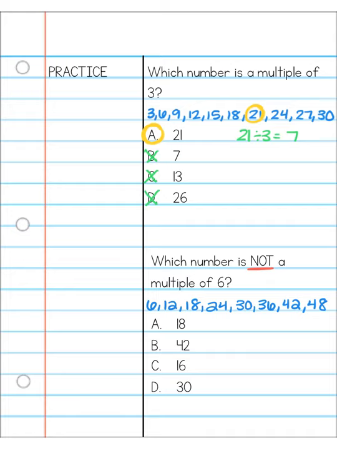And I know that 18 is on the list, so that's a multiple. 42 is on the list, so that's a multiple. And 30 is on the list, so that's a multiple. But 16 is not on the list. So 16 is not a multiple of 6.